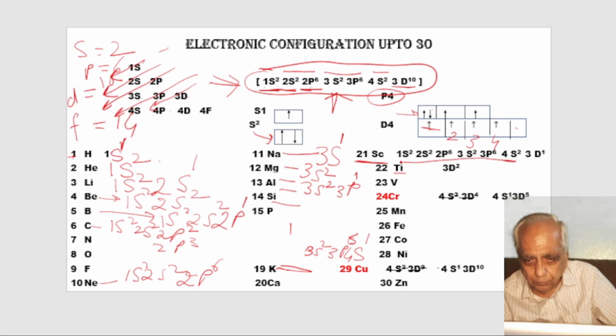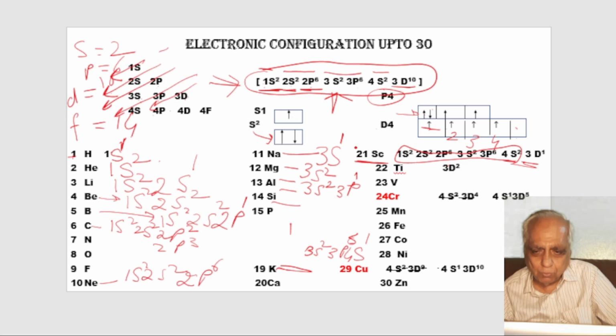Now this 20 will always repeat. But now I want 21. So you look here. After 4s2, now the third orbit is getting filled up. You can look at the periodic table. So it will become 3d1. Now it will go to d orbit. So 3d1. Then here it will be 3d2 because d can go up to 10.